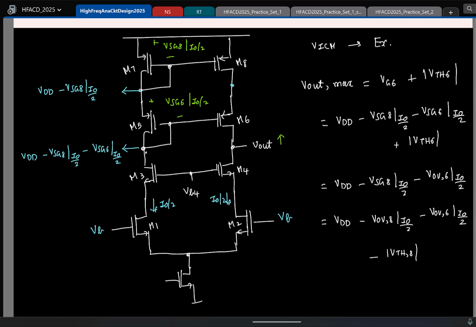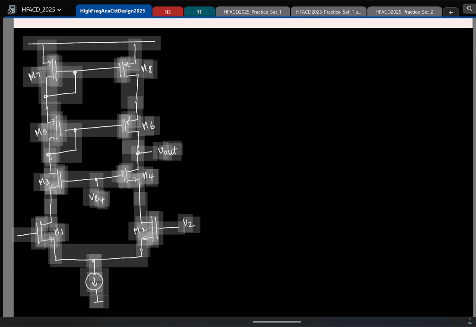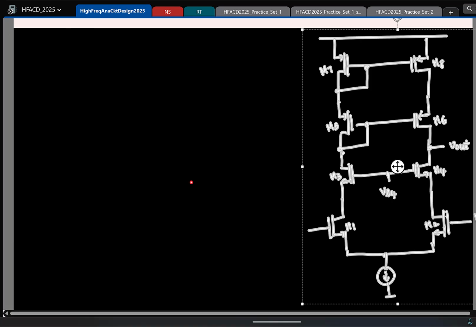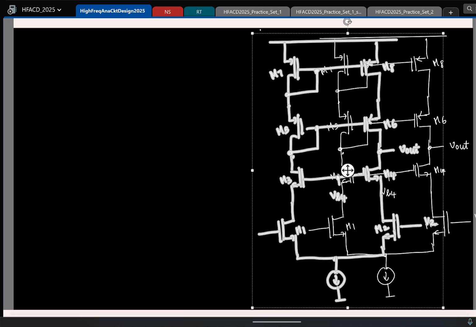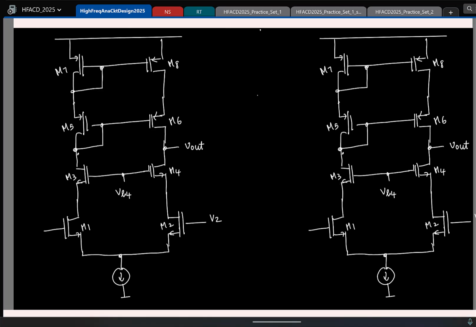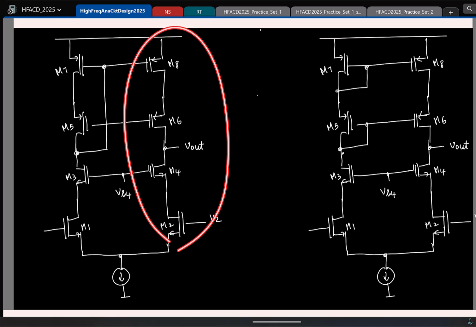So let me actually draw the two. So this is the second variant. This is the first variant. Okay. So here the maximum output can go higher than what you can get here.